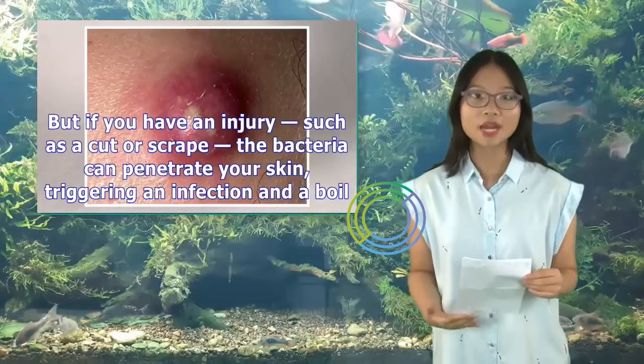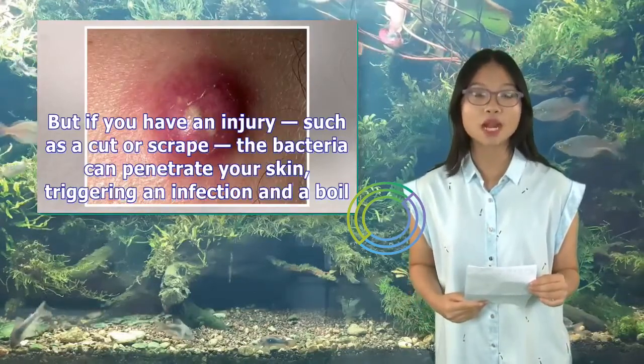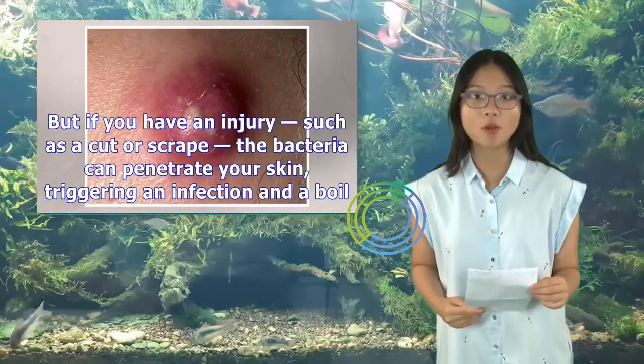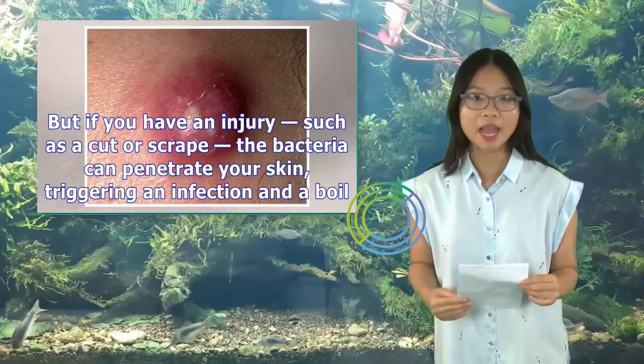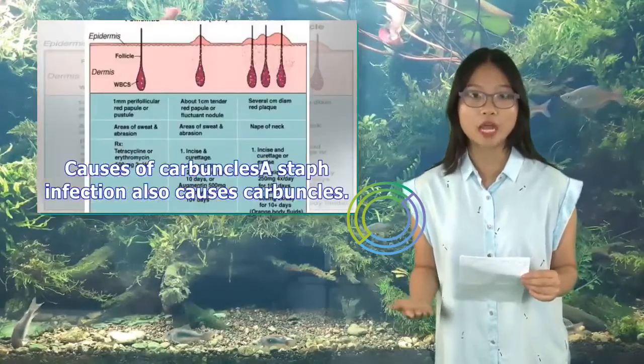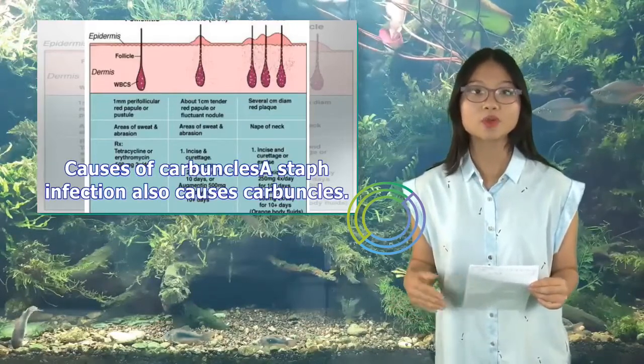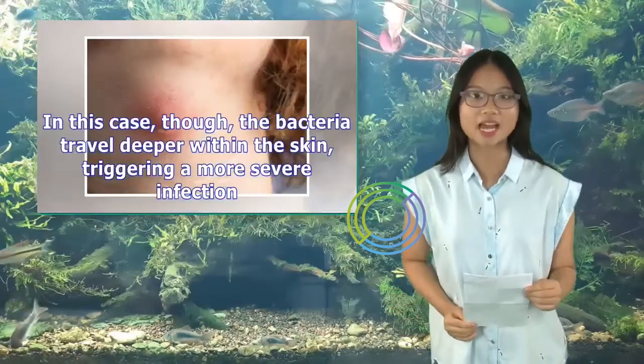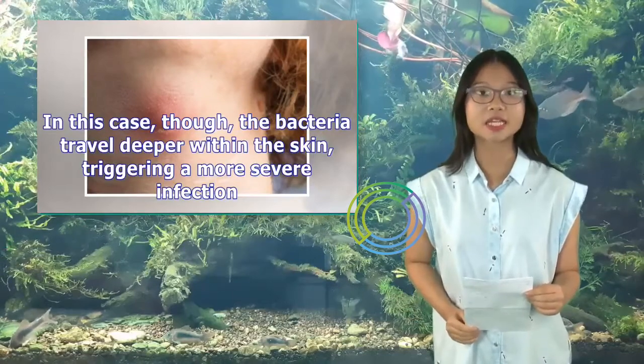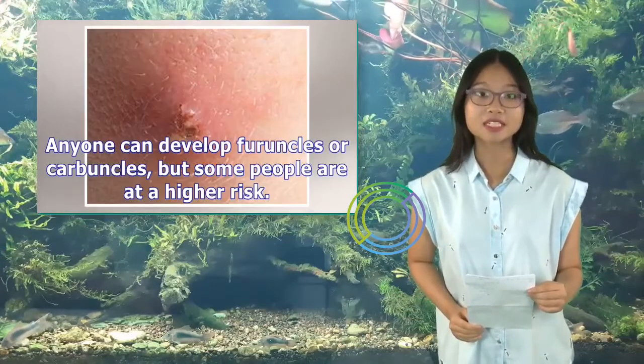But if you have an injury, such as a cut or scrape, the bacteria can penetrate your skin, triggering an infection and a boil. Causes of carbuncles: the staph infection also causes carbuncles. In this case, though, the bacteria travel deeper within the skin, triggering a more severe infection.